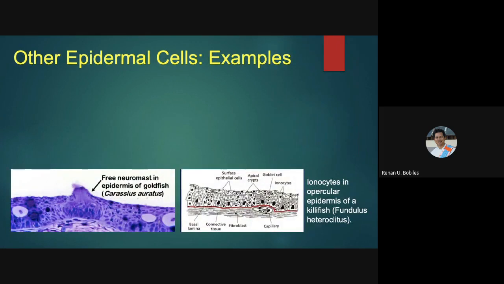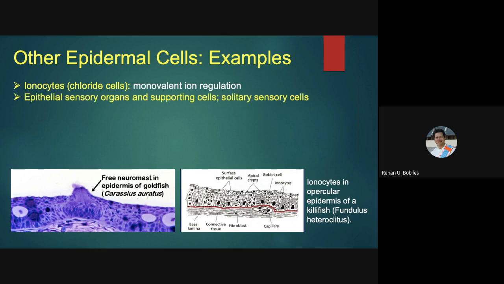So what are the other epidermal cells? For example, we have ionocytes, from the word ion, for ion regulation in the body of the fish, especially in marine fishes, regulation of salt. Okay? How do they excrete it?